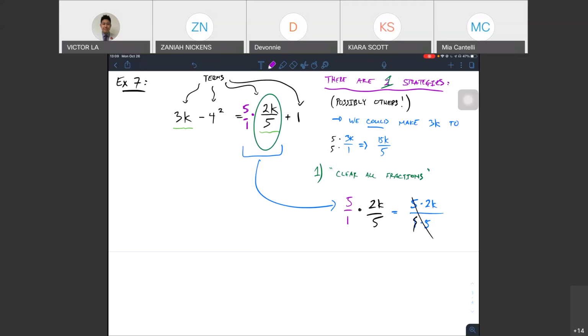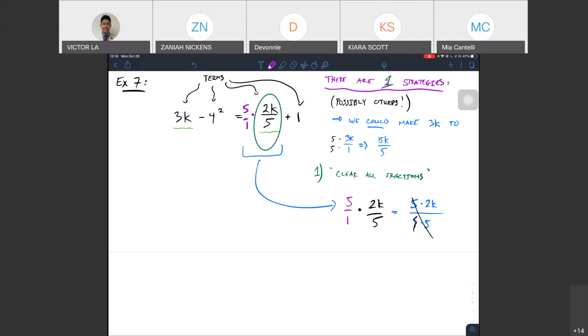The overall question is, equality stands in equations because what you do on one side, you have to do to the other. So my initial question was, if I multiply the 2k/5 fraction in black by that purple 5, why 5?